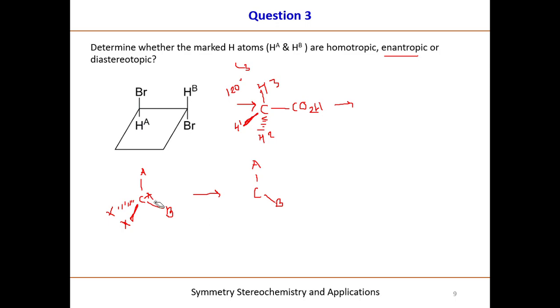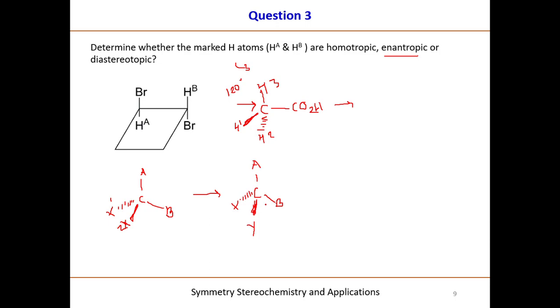So I will remove the star mark here, and then here X, then here Y, because I'm changing one hydrogen by Y. So the second X is replaced by Y.